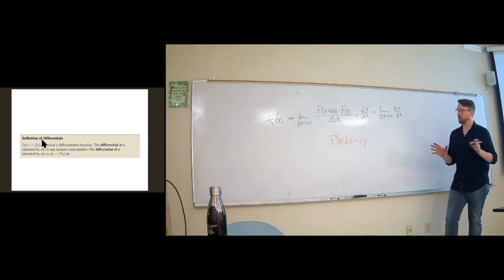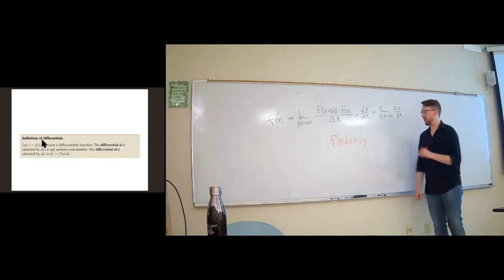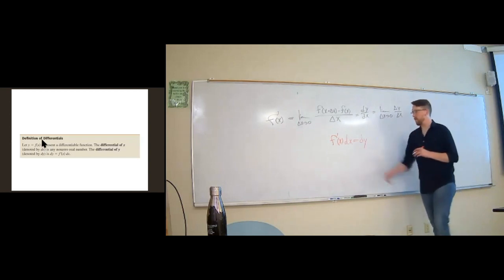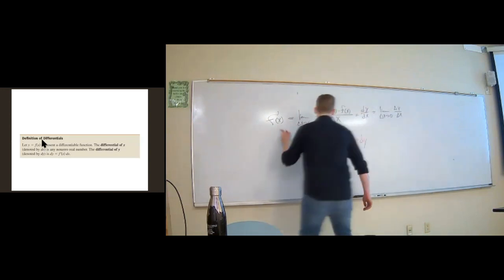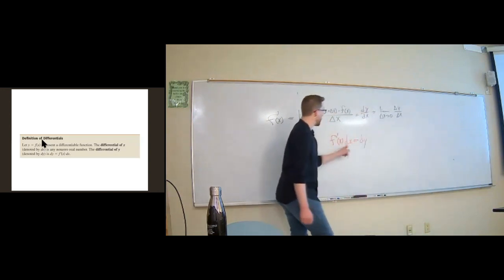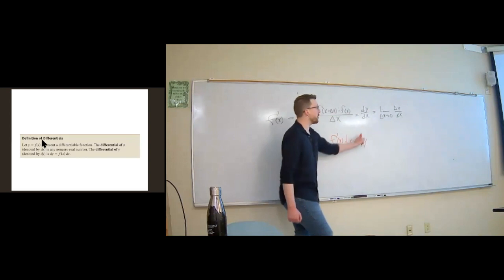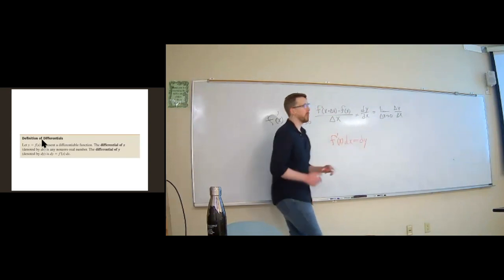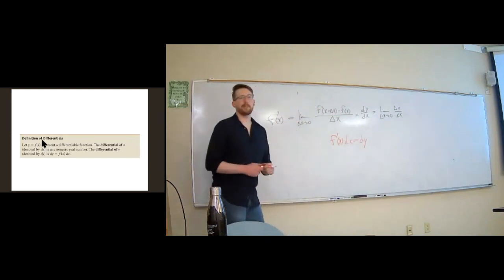Technically, we can't entirely say this. If we're being pedantic about this, we have to unimpose the limit, rearrange our terms, reimpose the limit. But we're not going to get into all of that because I'm not going to be overly pedantic about it. Having said that, we can think of f prime times the differential dx as being equal to the differential in y. Okay, what does this mean?